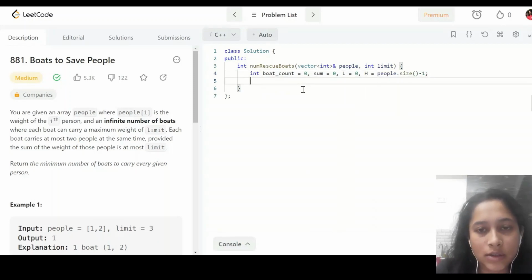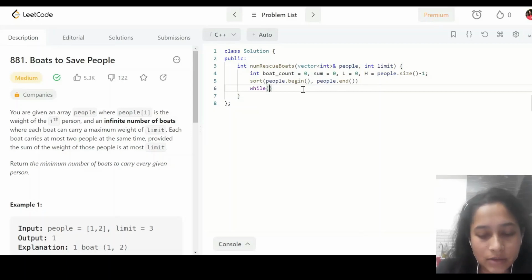Now we will sort the vector and loop over the array. So our condition is L is less than H.